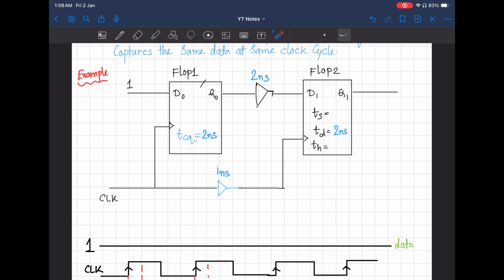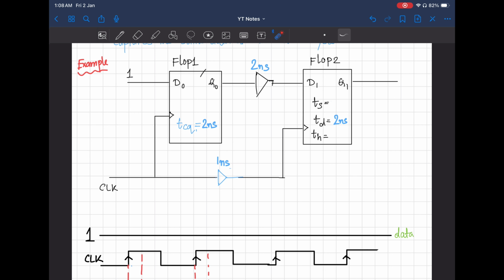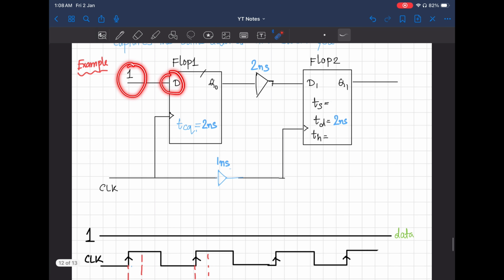Here, what I am showing is two D flops, flop 1 and flop 2, and in between, the capture clock path has a delay of 1 nanosecond, there is a clock to Q delay of 2 nanosecond, a combinational delay of 2 nanosecond, and also 2 nanosecond of propagation delay. And I want to know about the setup time and hold time. At that D0 point, whatever data is coming is constant, that one data.